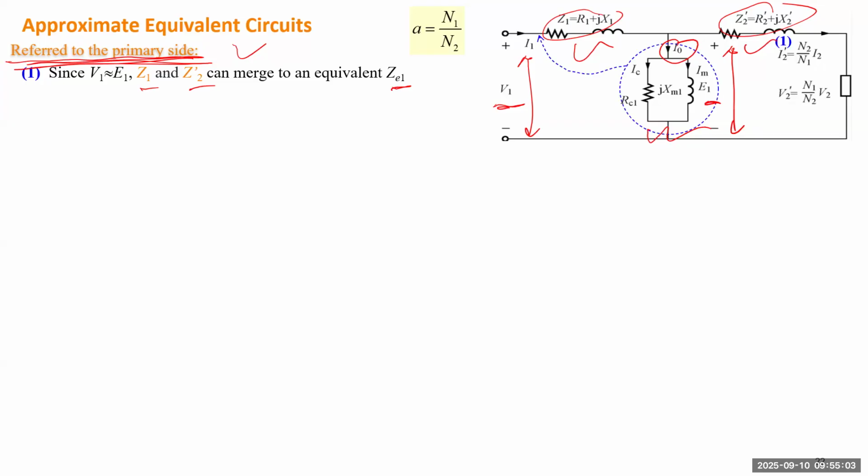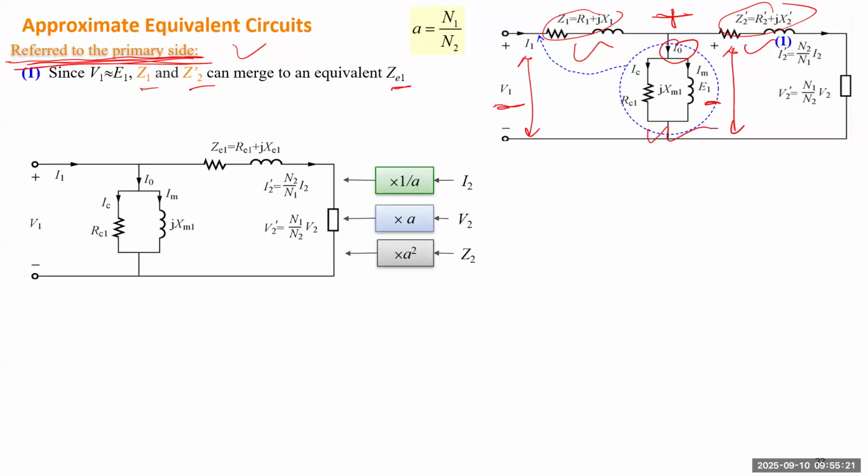Okay. So what we need to do is just move this shunt branch to the left to be connected to the source directly, such that the two series branches can be added. We can calculate the total. That gives you the total equivalent impedance. So we'll get this circuit.